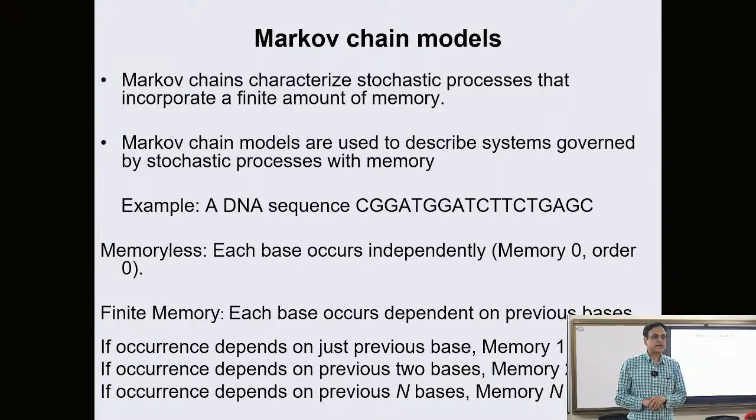DNA and protein sequences may not follow Markov chain models. But because of the correlations that are there in these sequences, and correlations can arise for various reasons, these models can capture those correlations and can discriminate.